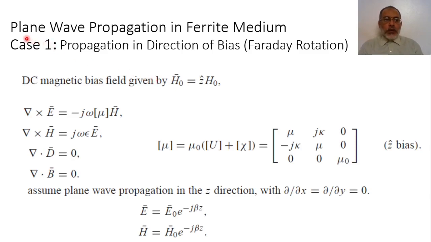So we say that plane wave propagation in ferrite medium, case 1, propagation in direction of the biased DC magnetic field.